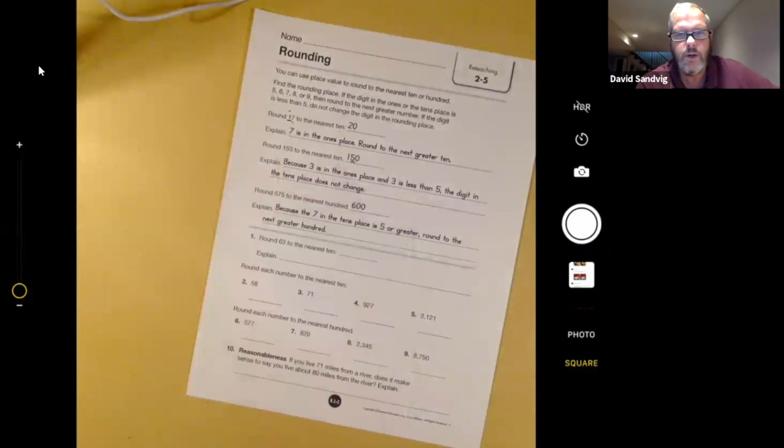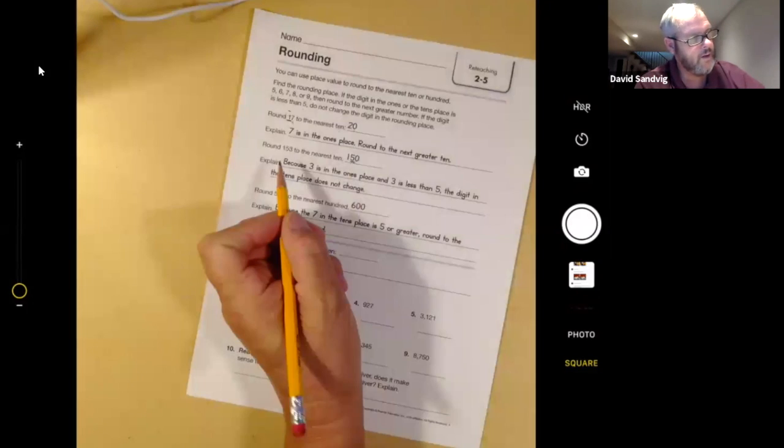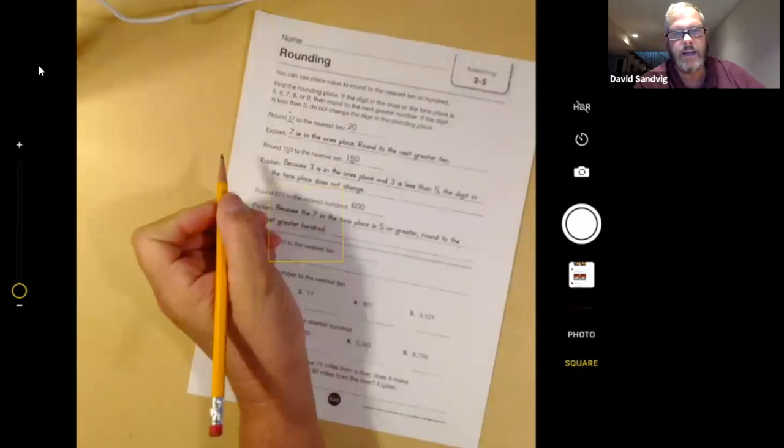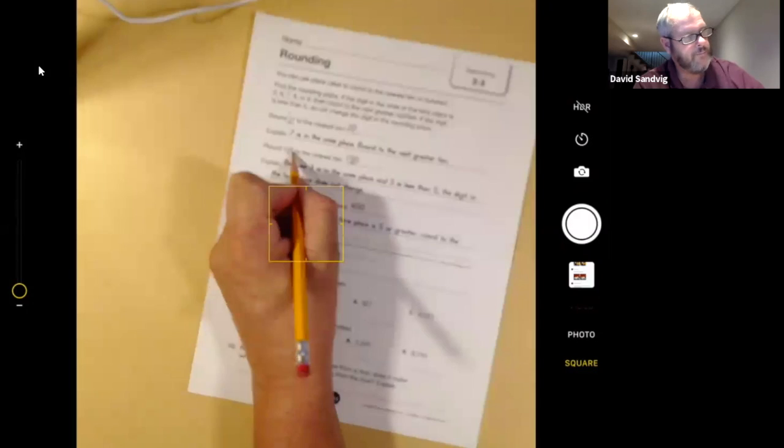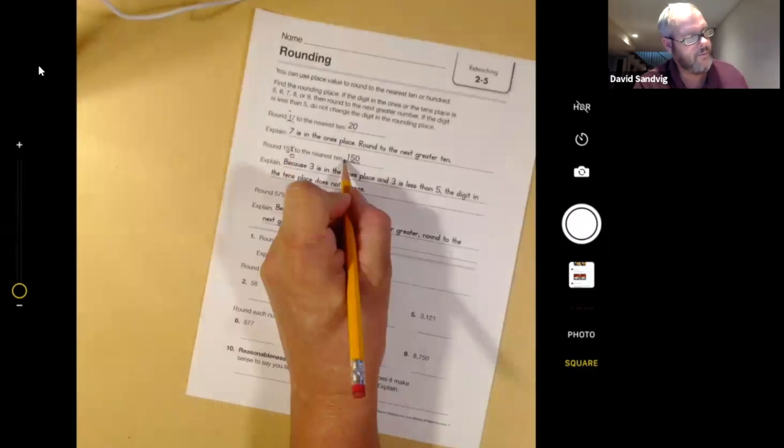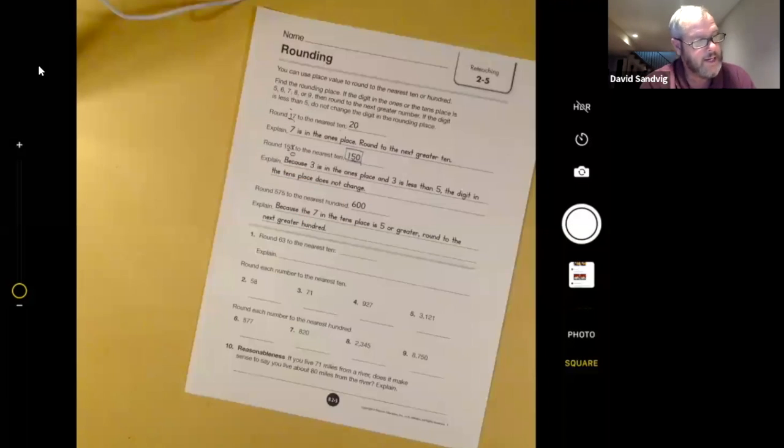I remember I keep the 5 the same, and it becomes 150. And the explanation is because 3 is in the ones place and 3 is less than 5, the digit in the tens place does not change.